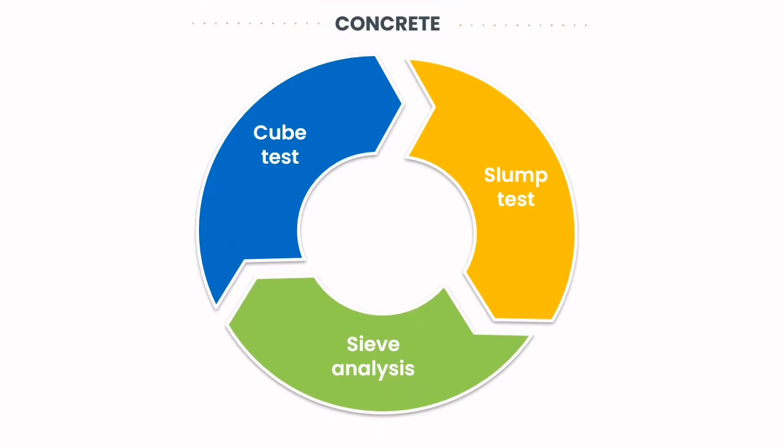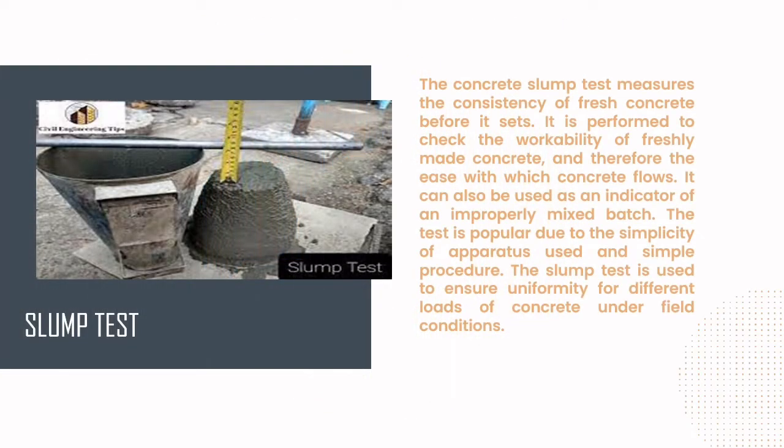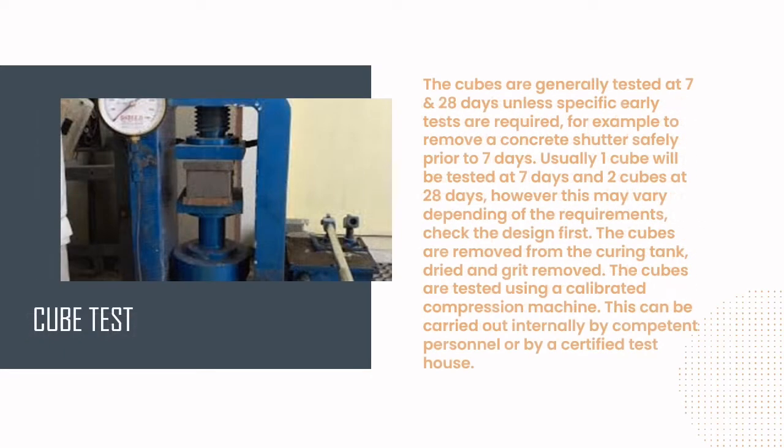For concrete, we must do a cube test, slump test, and sieve analysis. Next, the slump test. The concrete slump test measures the consistency of fresh concrete before it sets. Next, the cube test.